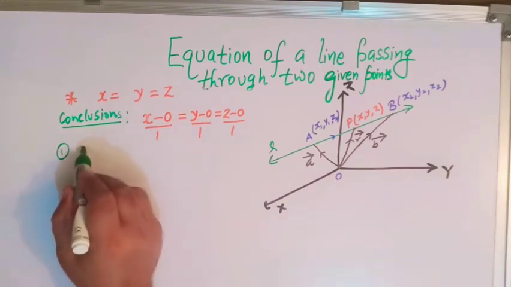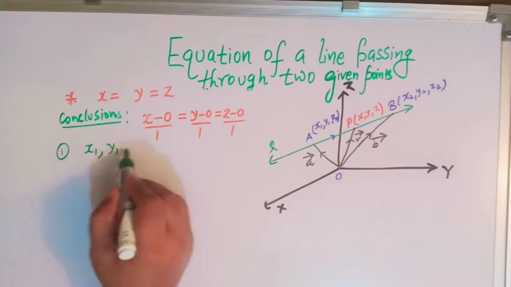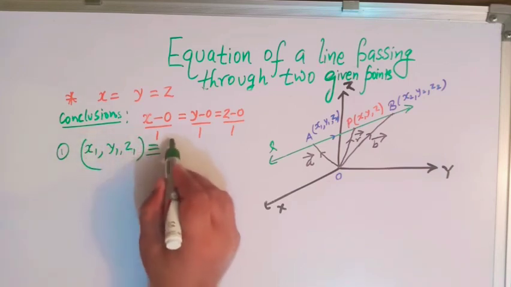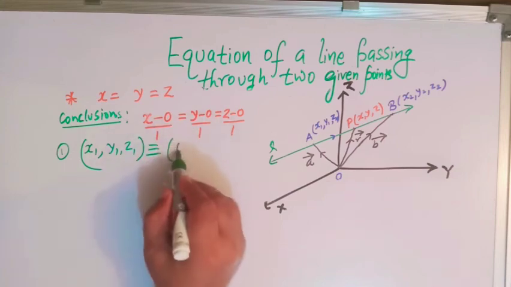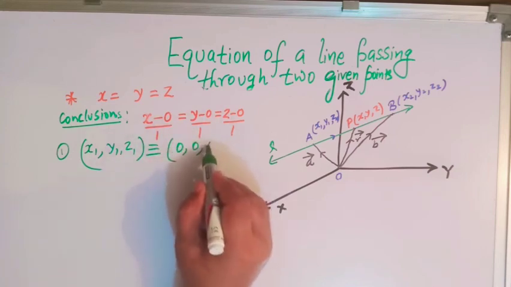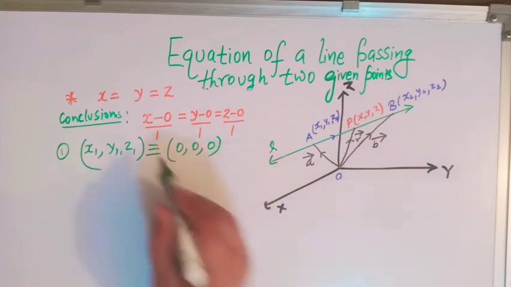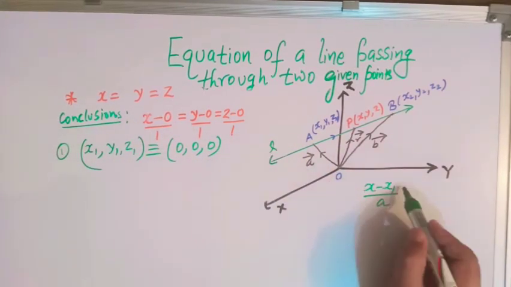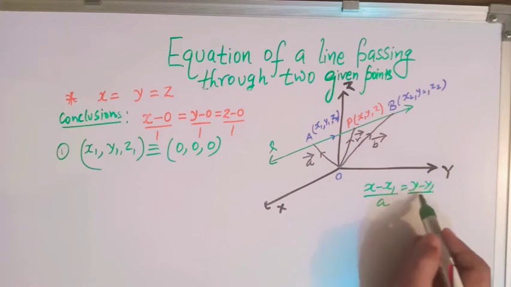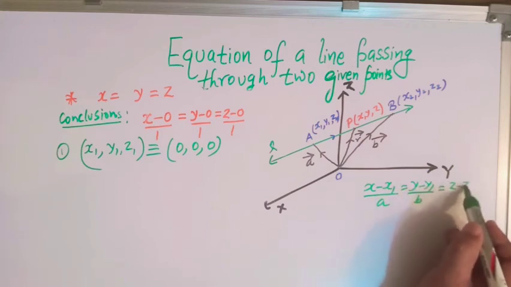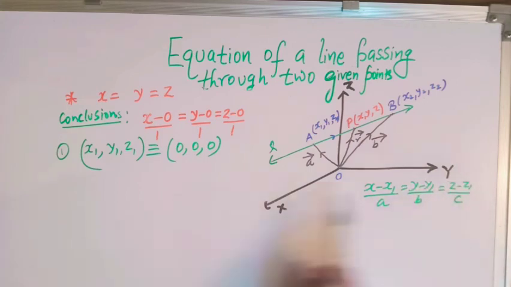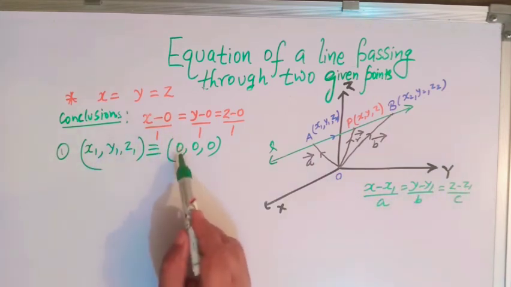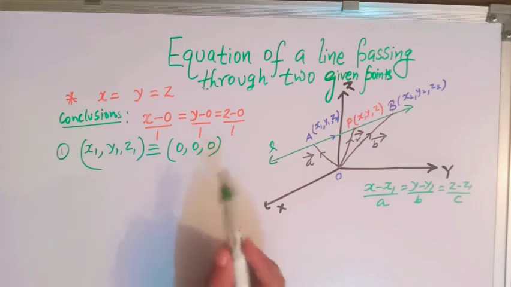So the point x1 comma y1 comma z1 is obviously the origin 0 comma 0 comma 0, because if we compare this equation with this equation, then we see that x1 y1 z1 will be 0 comma 0 comma 0.